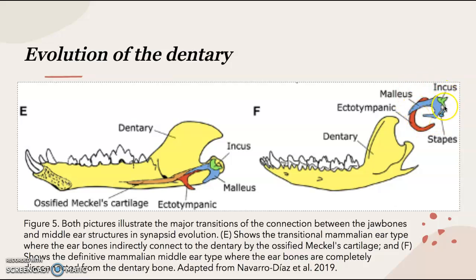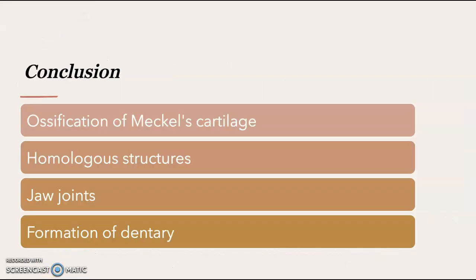So the definitive mammalian middle ear is defined by the full separation of the middle ear structures from the jawbone, which they have now done through the evolutionary shift. Finally, I want to highlight that the quadrate and articular were primary homologous structures to the incus and malleus.